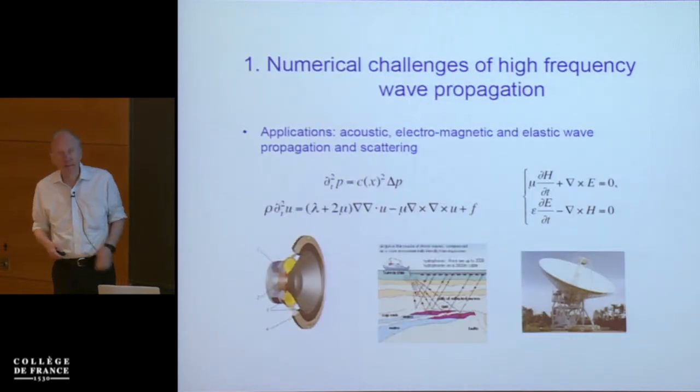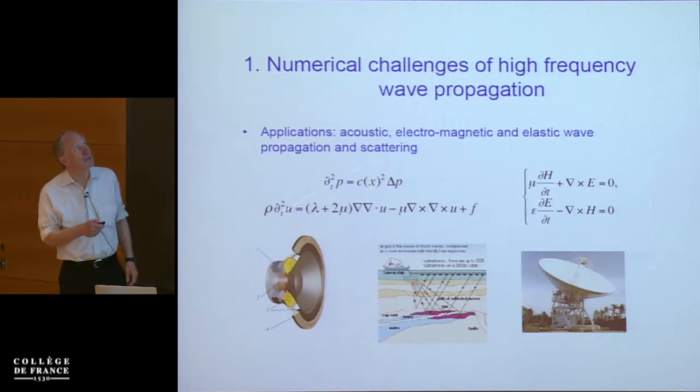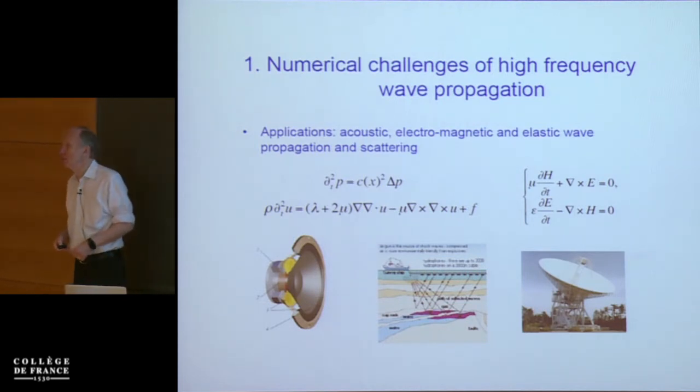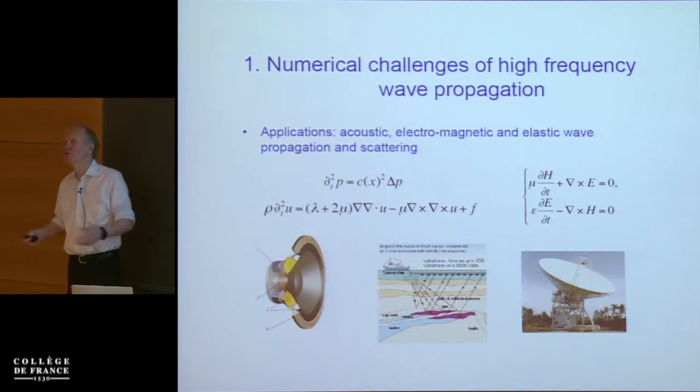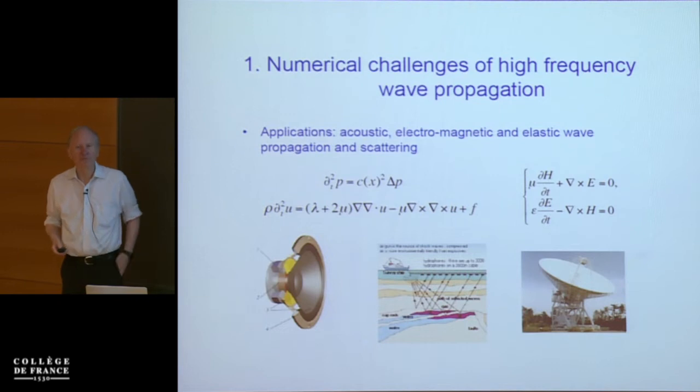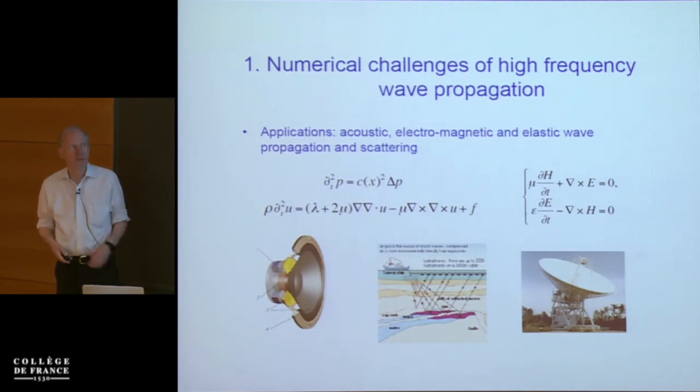So we're looking at problems that could be described by the wave equation: acoustic, elastic, electromagnetic. Most of these problems are of the type where the domain size versus the wavelength is quite large. The wavelength for your cell phones is on the order of centimeters.